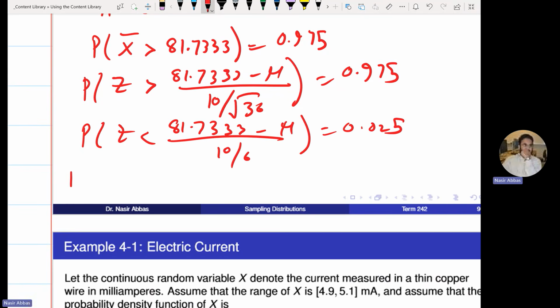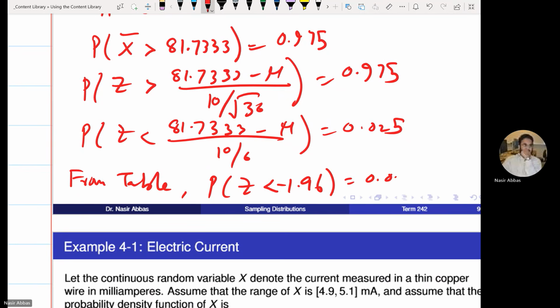Now go to the Z table. From the table, you will have probability of Z less than minus 1.96 equals this one. Compare the two.